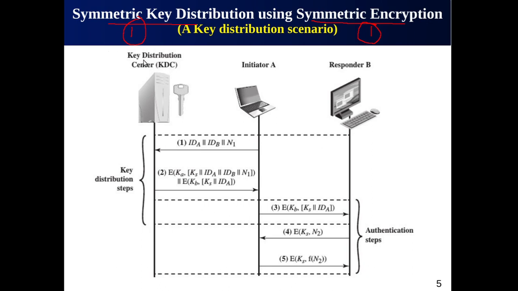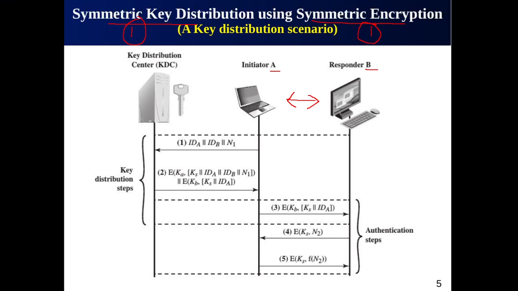We talk about the key distribution center represented by KDC, and we have two communicating parties A and B. Actually, A wants to communicate with B, but they need a symmetric key for encryption, and for that key they have to take help of a third party, and that third party is KDC.